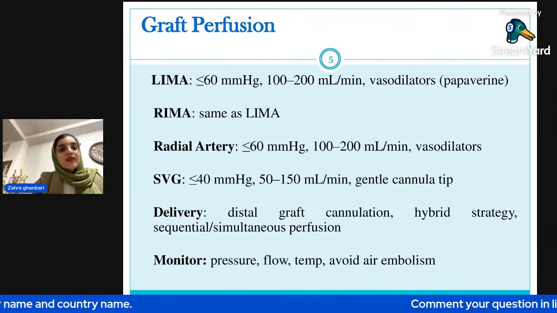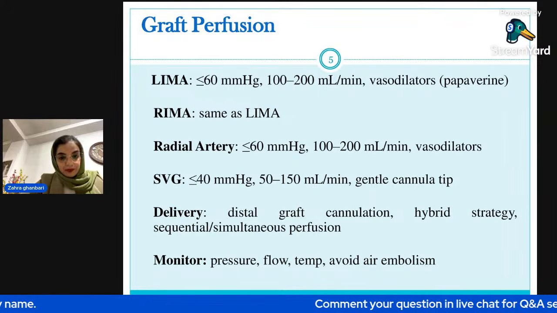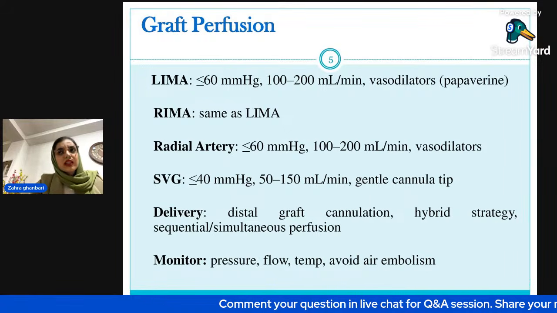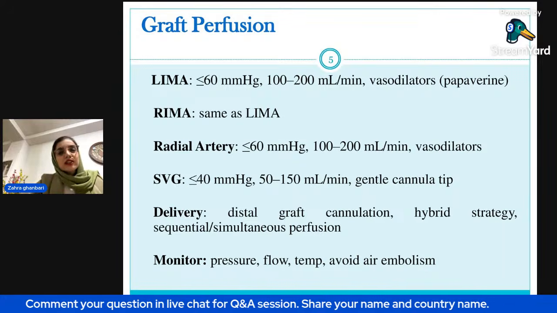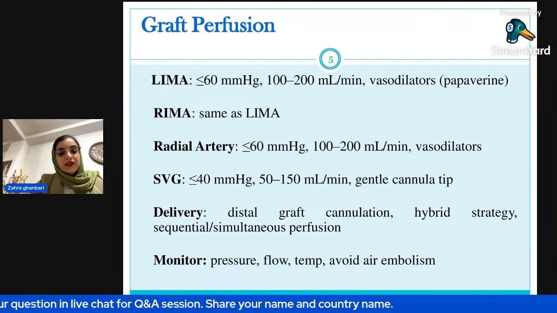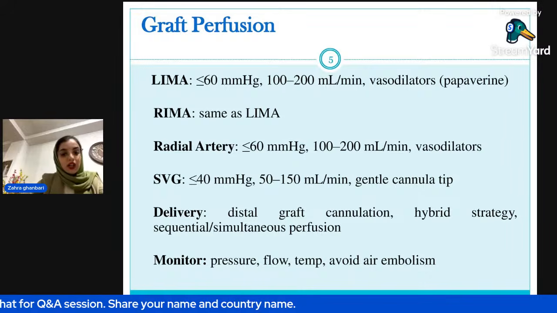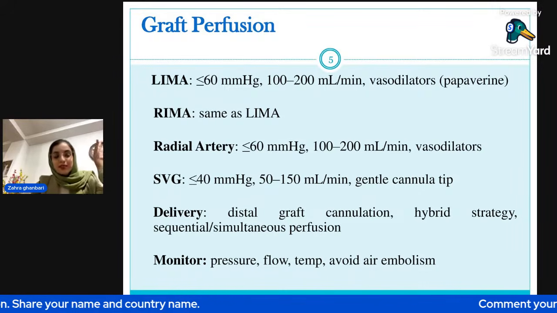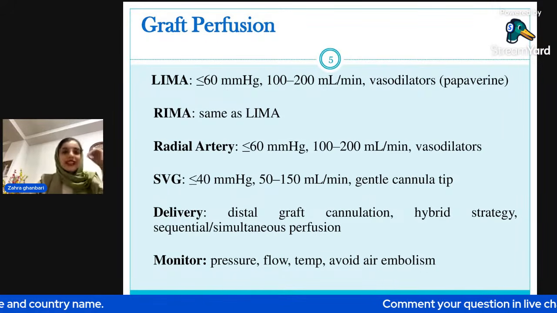The other graft is the radial artery, from the upper limb, the forearm. The characteristics of this graft are a muscular arterial wall and it is spasm prone, even more than LIMA.